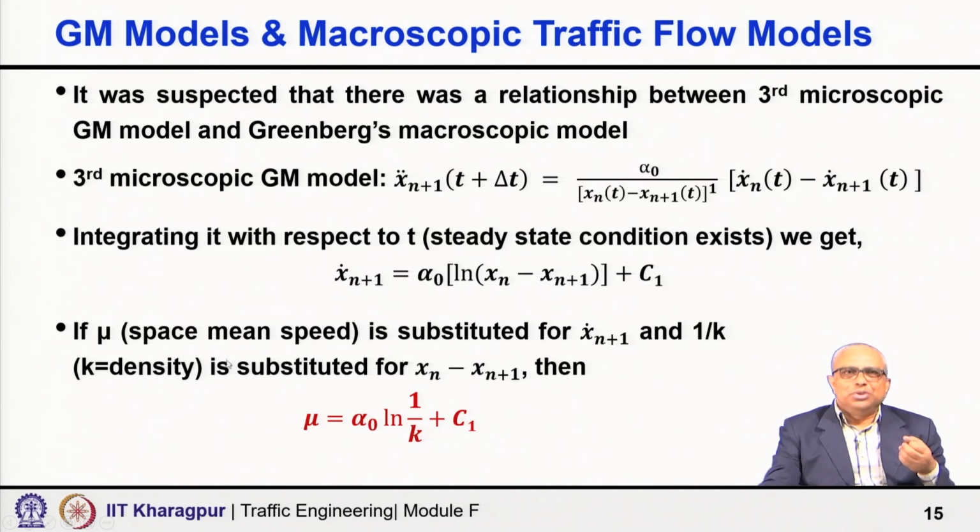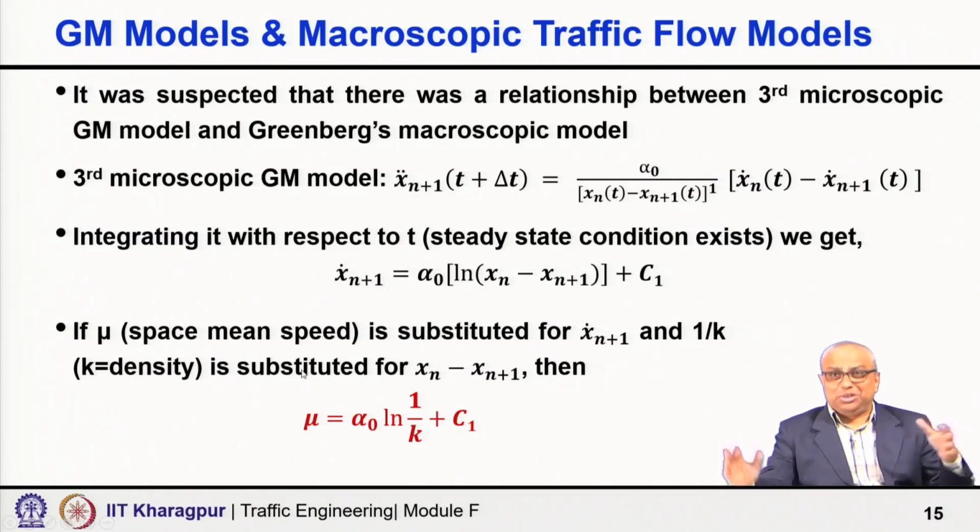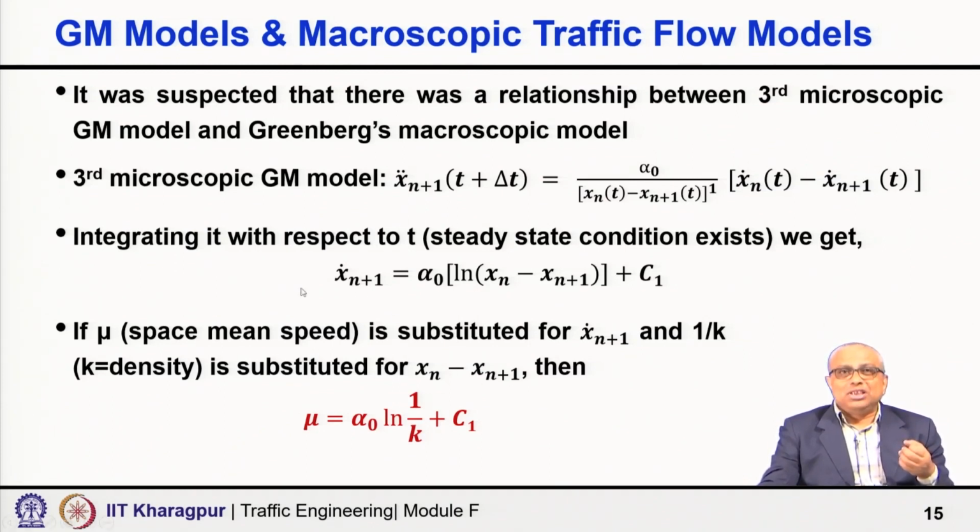Now, mu, the speed in Greenberg's model, is substituted for this x dot n plus 1. What is x dot n plus 1? It is speed. If we consider that as the speed of the whole traffic stream behaving under steady state condition, then x dot n plus 1 can be replaced by mu. And what is x n minus x n minus 1?